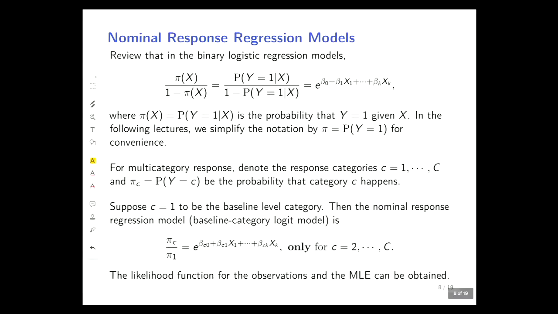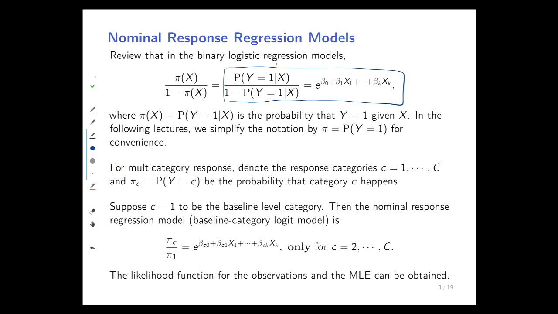So let's look at the first one, the nominal response regression model. In order to talk about this model, let's look at the review part, if you still remember: the equivalent expression for the logistic regression model by using odds. This is the equivalent form.